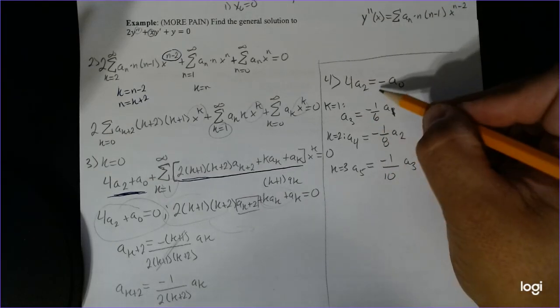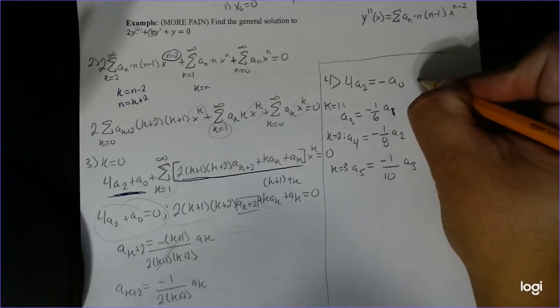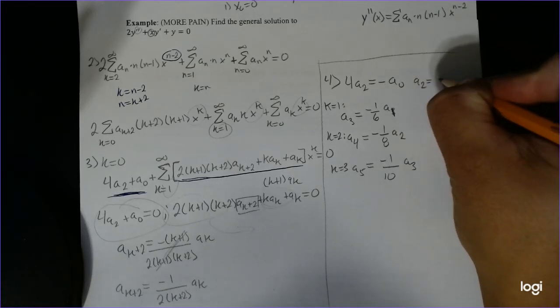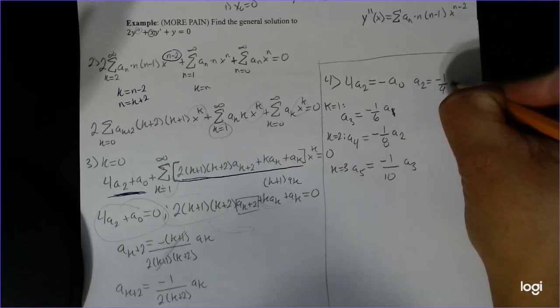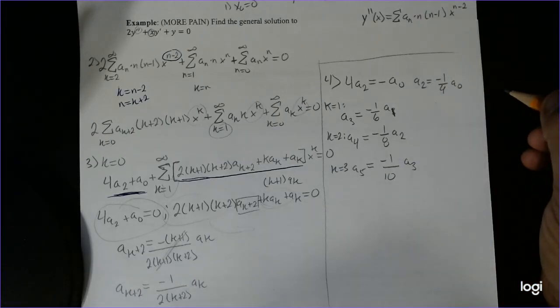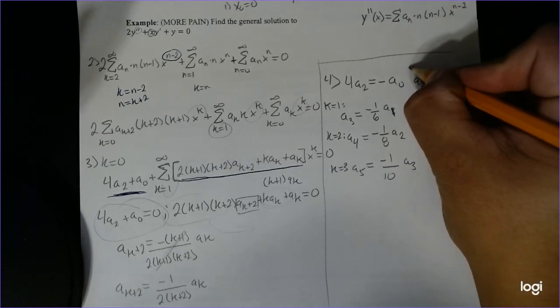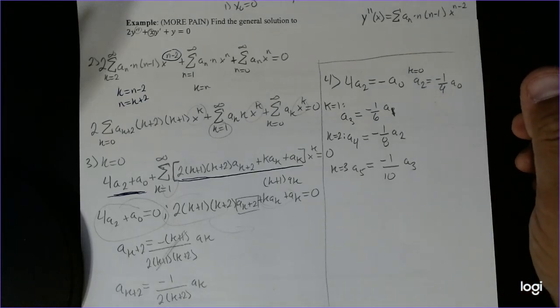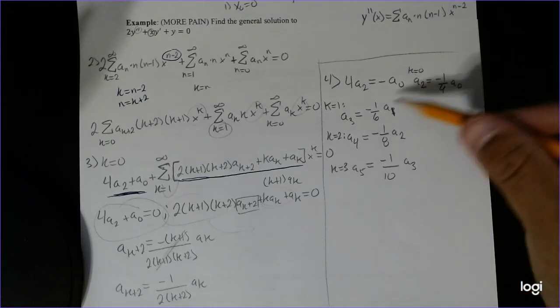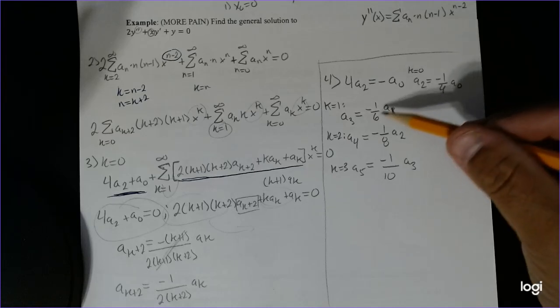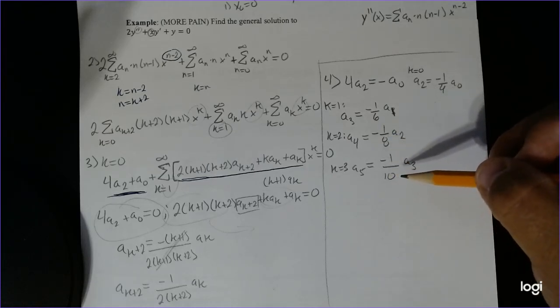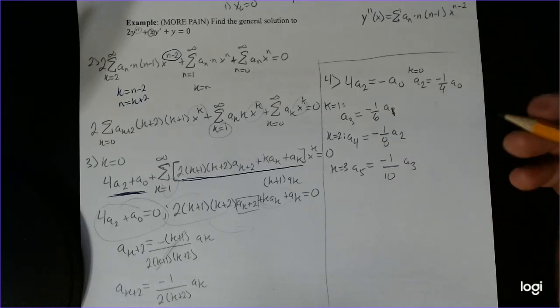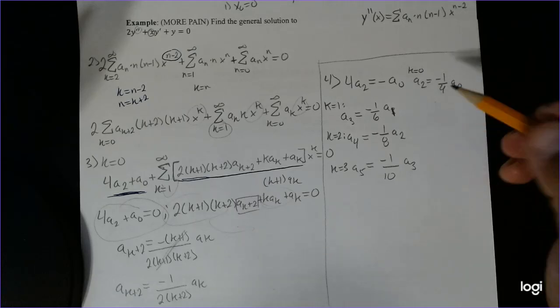If I just divide this by 4, that means a2 is equal to negative 1/4 a naught. So we kind of see a pattern going forward, right? We're just adding to each individual case going down the list.